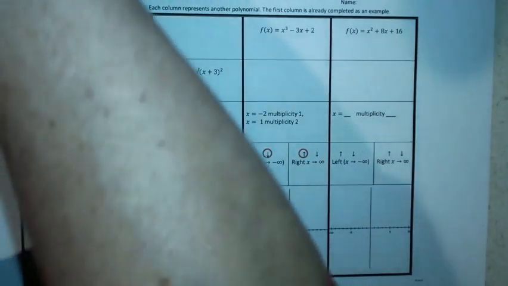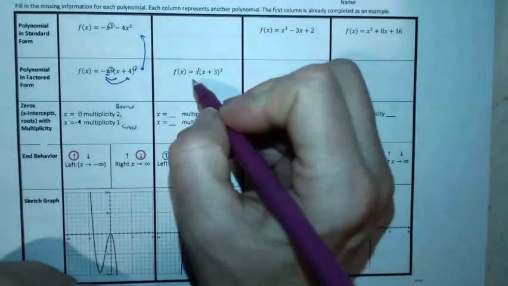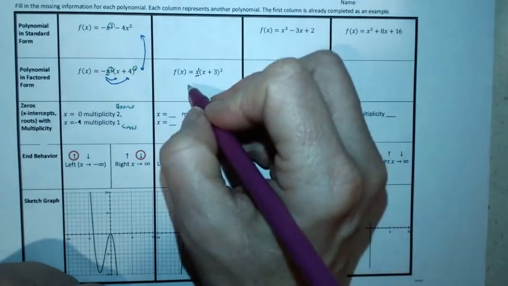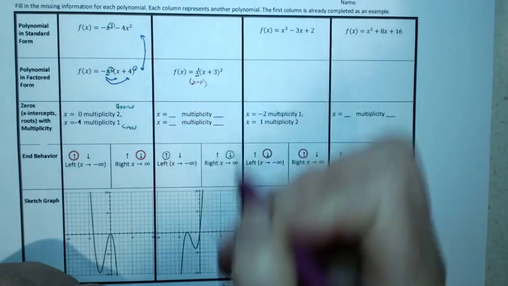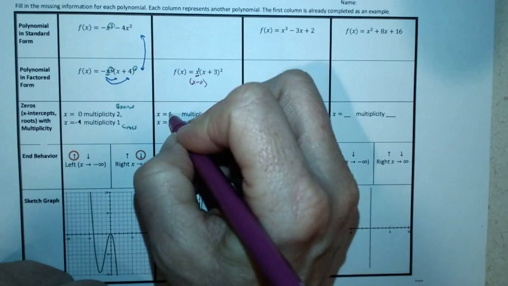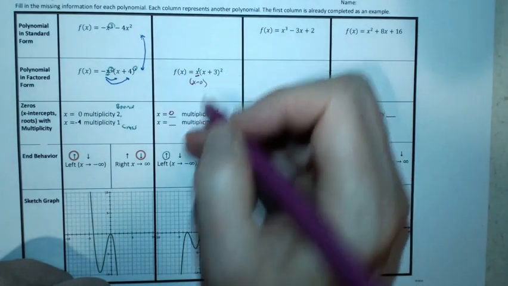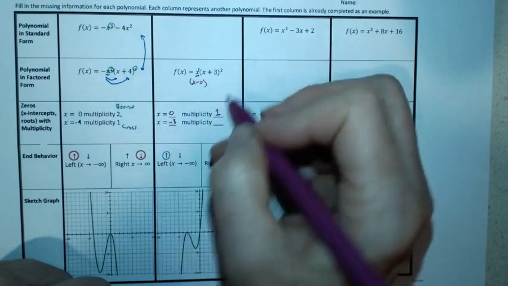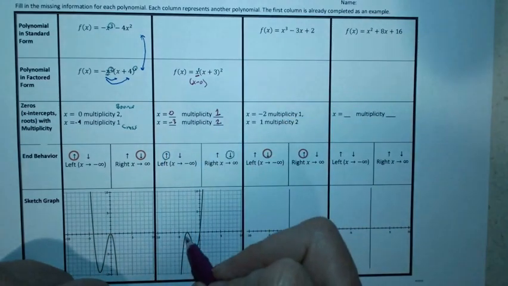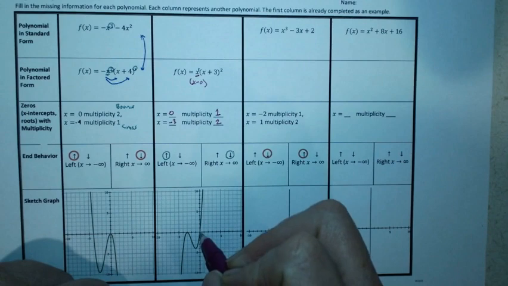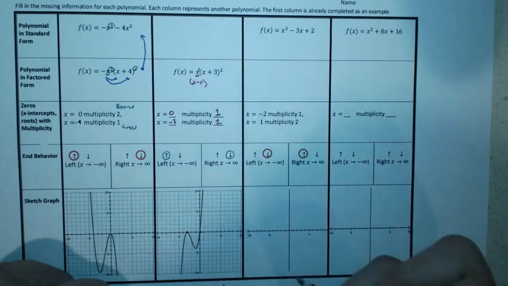My zeros of this function, I have a 0 at 0, because this is the same thing as x minus 0, right? And so that's going to be a 0 at 0 with a multiplicity of 1. And we have a 0 at negative 3, and that has a multiplicity of 2. You can see on the graph down here, it bounces, and this one crosses down here at 0.